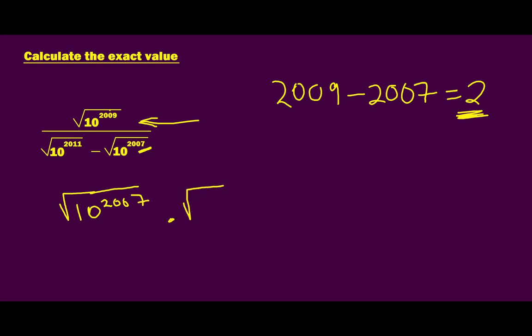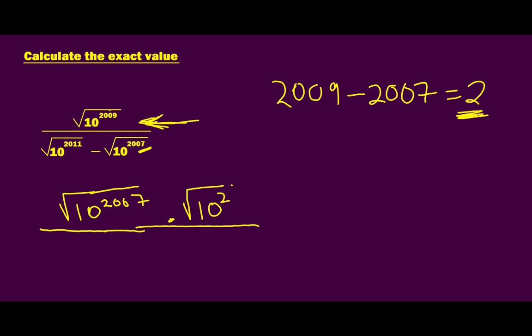Multiply by square root of 10 to exponent 2. If you add this, they're going to give you this top part of square root of 10 to exponent 2009, because now when the bases are the same, we can add the exponents.